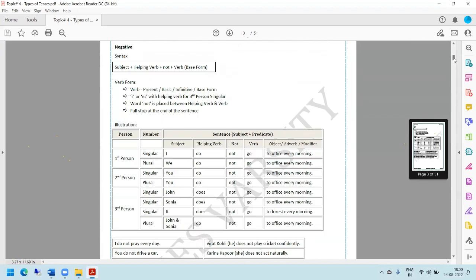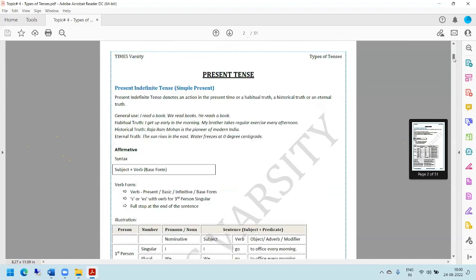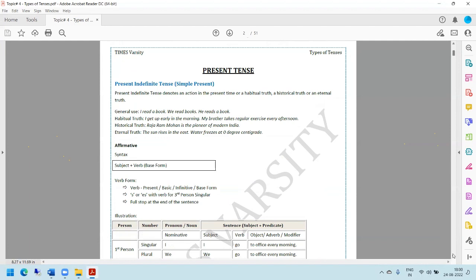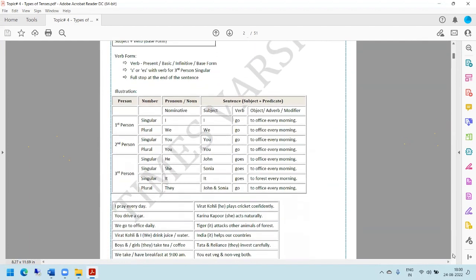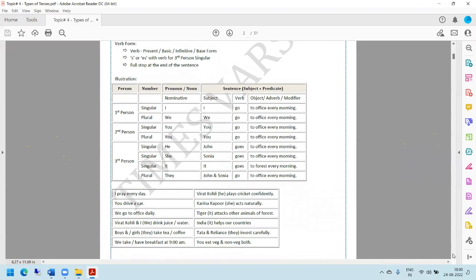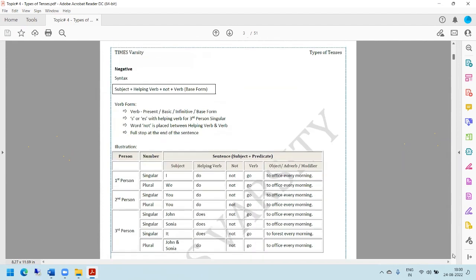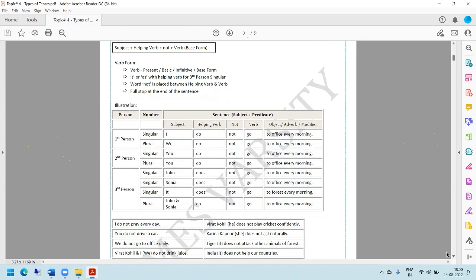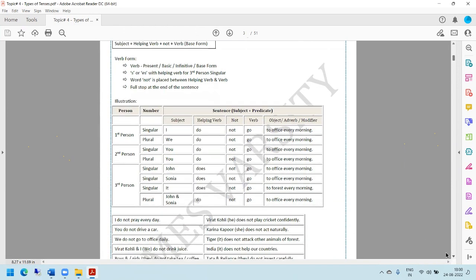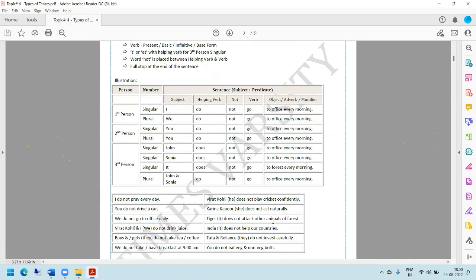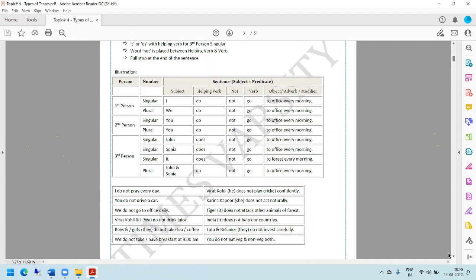Yesterday we saw these affirmative sentences. In the same sentence, in the same scenario, I have just added not with the helping verb, so it becomes negative. Then we have "Tiger does not attack other animals of the forest."